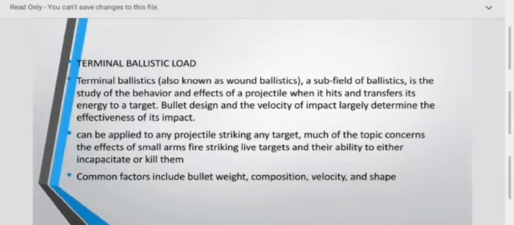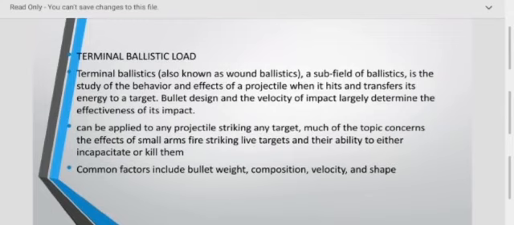It can be applied to any projectile striking any target. Much of the topic concerns the effect of small arms fire striking live targets and their ability to either incapacitate or kill them. Common factors include bullet weight, composition, velocity, and shape.